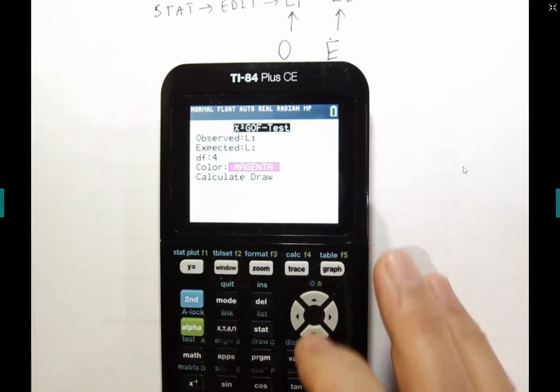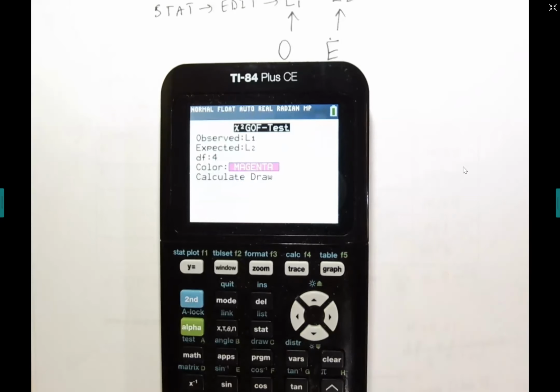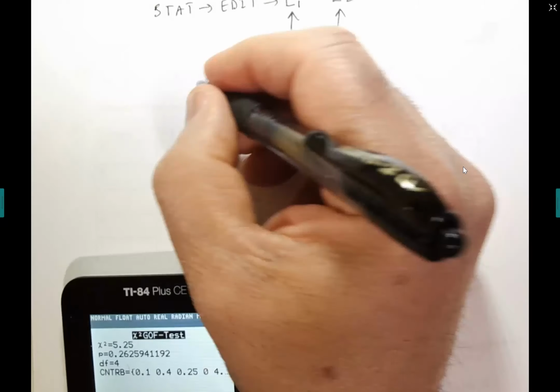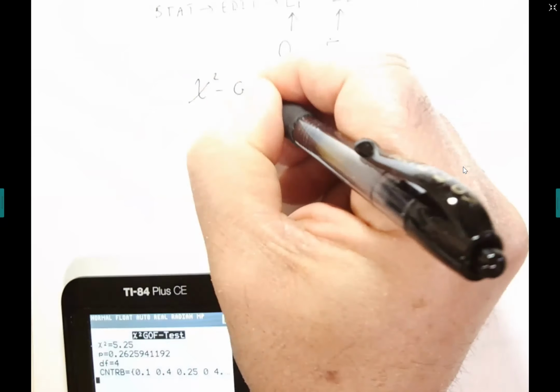And calculate. You should not be surprised if you get 5.25 for the test statistic, guys, because we did it by hand. Bingo, 5.25. You can see that. And the p-value. So instead of critical value, you get the p-value. Let me record both of them. So we use chi-square goodness of fit test.